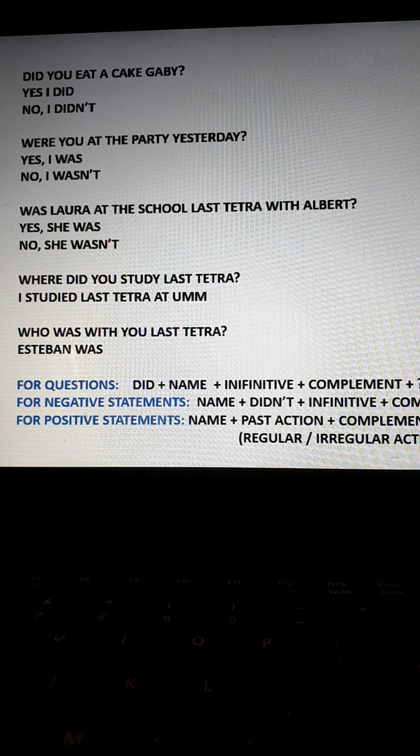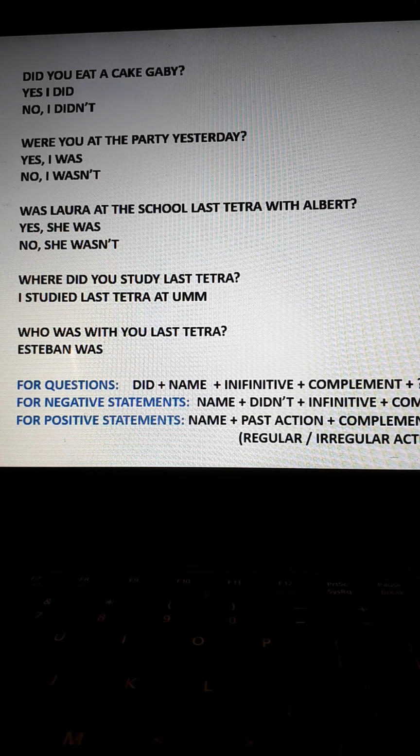For example, I didn't go to the party. I didn't go. Didn't is negative, or I did not is the same. Did not and didn't is the same. So I did not go to the party yesterday, or I didn't go to the party yesterday.